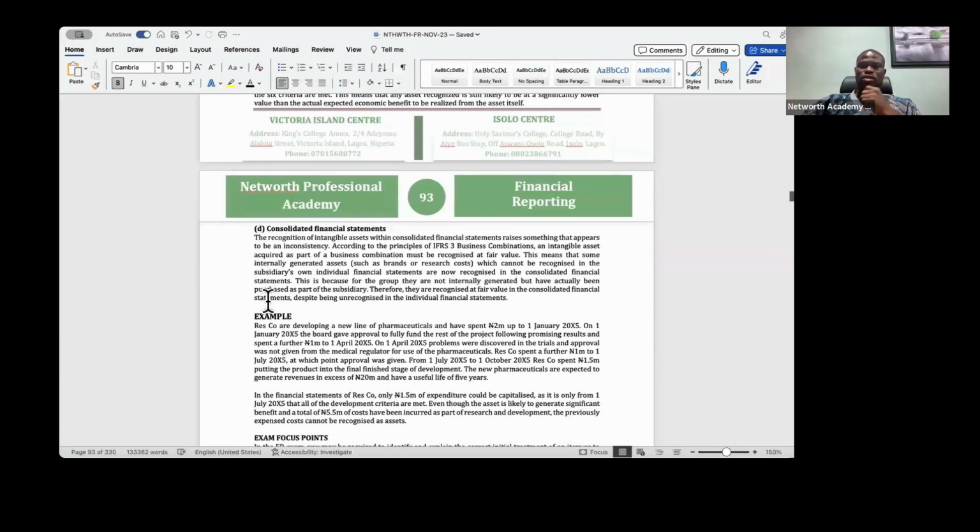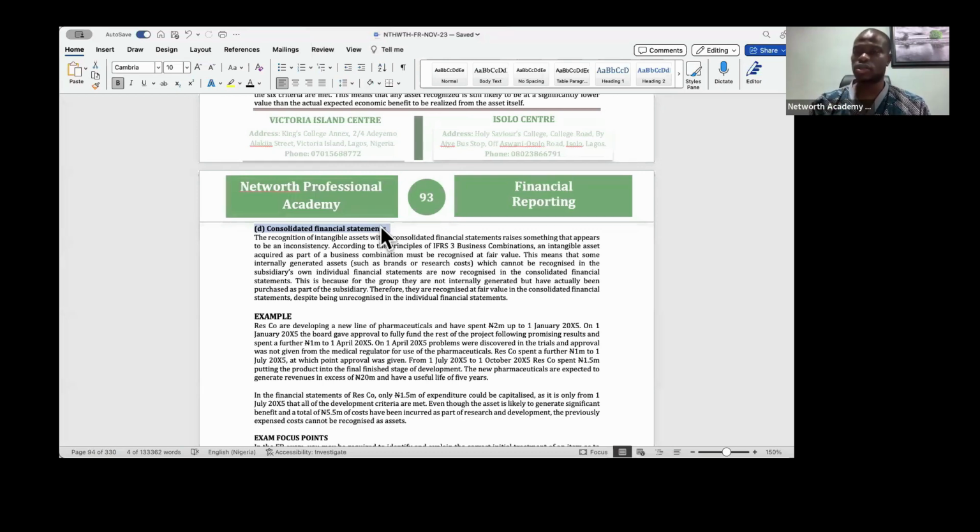Finally, what I just want to point out here is that when they teach you group accounts, consolidated financial statements, you will see that IFRS 3 allows the parent, when preparing the consolidated financial statements, to include almost all internally generated assets in the consolidated statement of financial position, like brand name, or even research costs that were expensed, or even goodwill.